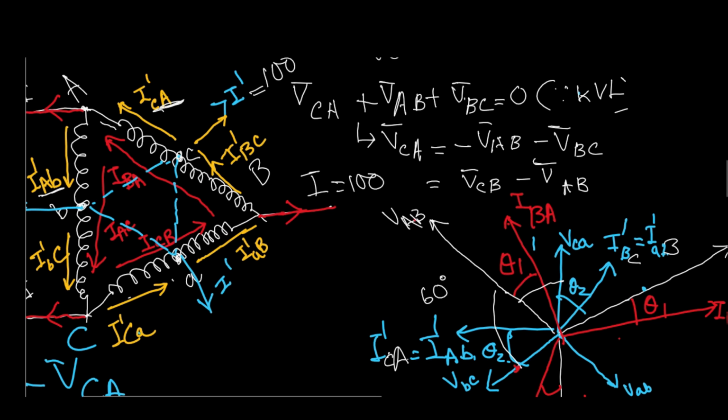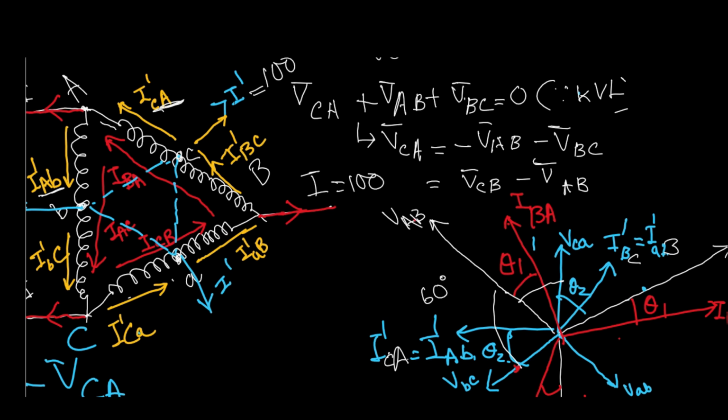Now when you take these two, if you subtract them, like I'BC minus I'CA, then they will give you I'BA. And a point interesting to note is that I'BA would also make an angle theta 2 with our VAB.